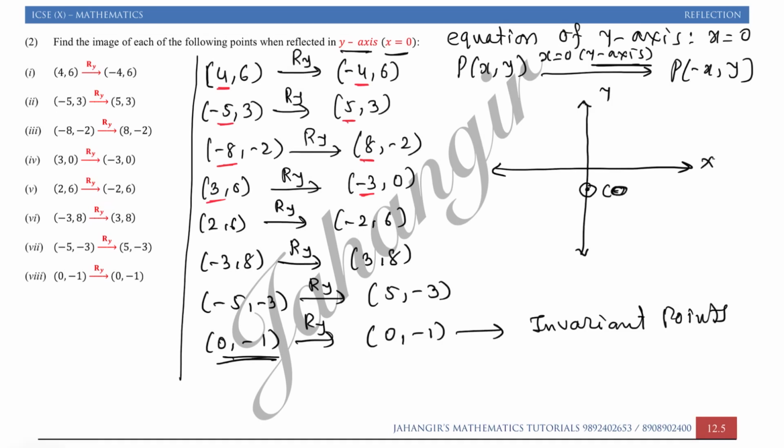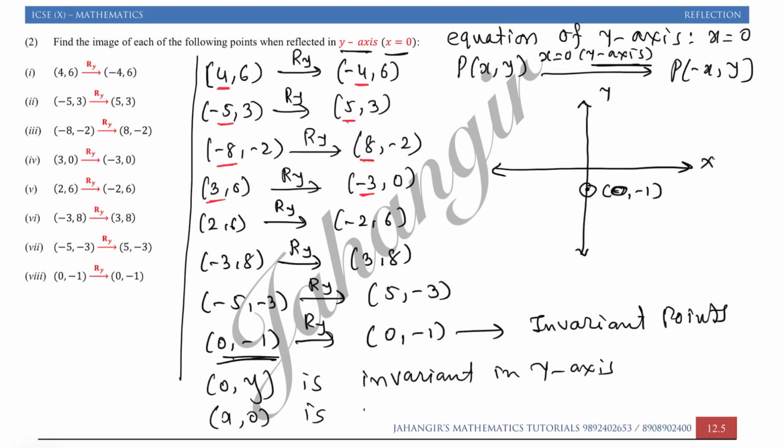If you are reflecting in the y-axis, you will not get an image because the point lies on the mirror line, so you cannot reflect it. So we say the pattern (0, y) is invariant in the y-axis. Same way, (x, 0) is always invariant in the x-axis because (x, 0) lies on the x-axis.